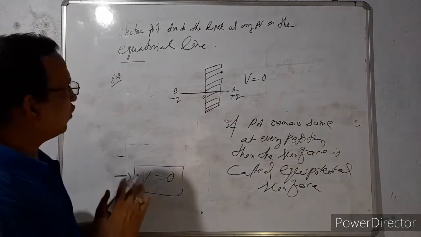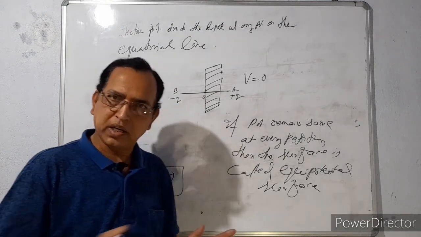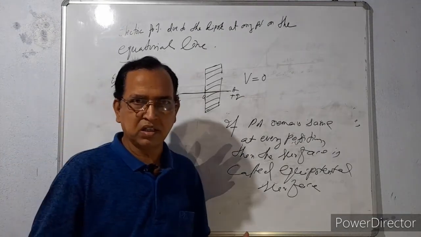Okay, this covered your axial line and equatorial line. Okay, that's all. Thank you all.